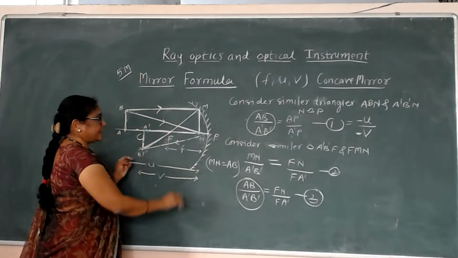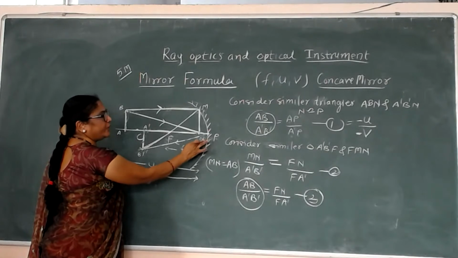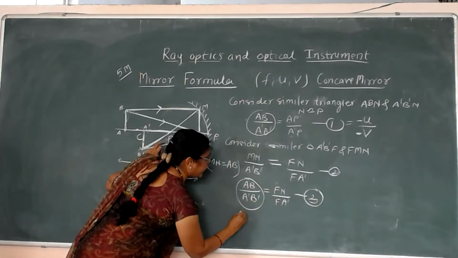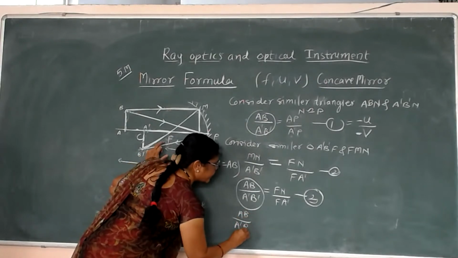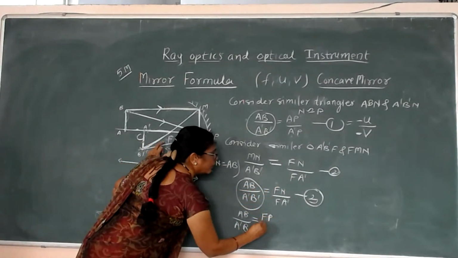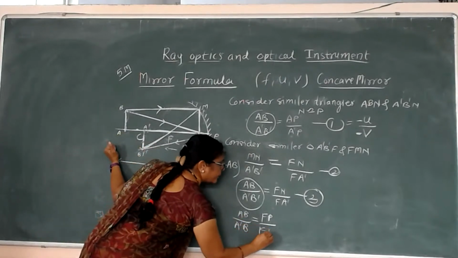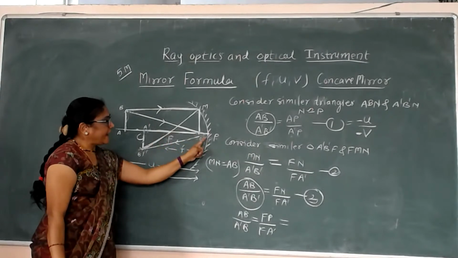So see the distance FN. FN is nearly equal to FP. That is, AB divided by A dash B dash is equal to FN, which is very close to the pole, divided by FA dash.